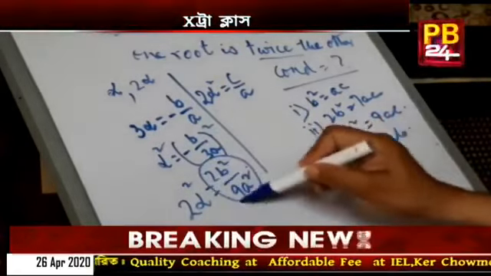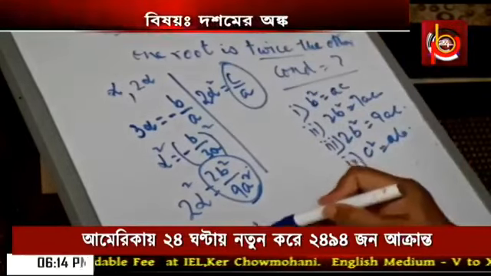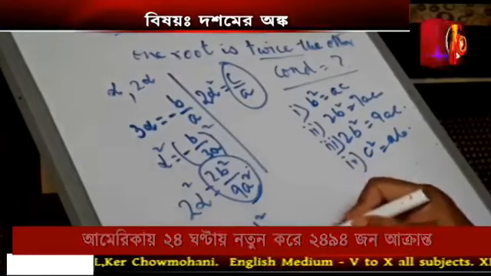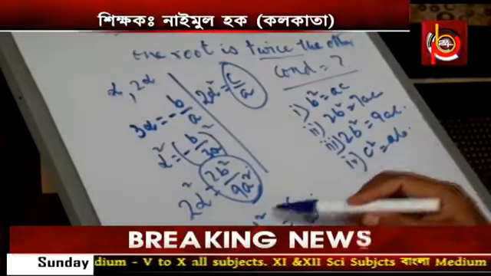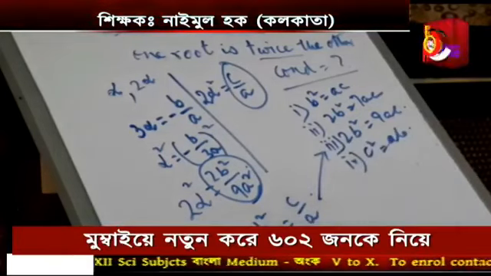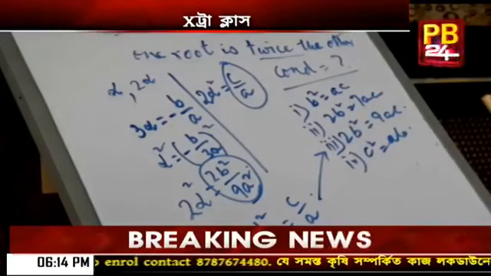So this 2b square by 9a square should be equivalent to c by a. From there I think this will come: 2b square equals to 9ac, this answer will come. So see, these may be examples.